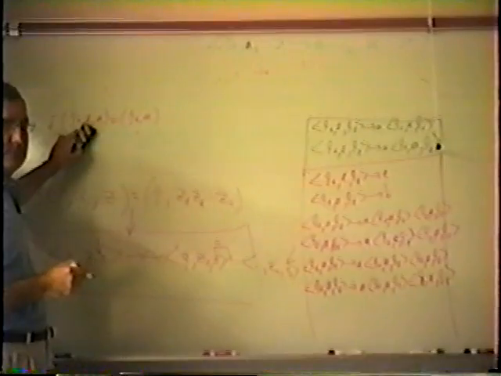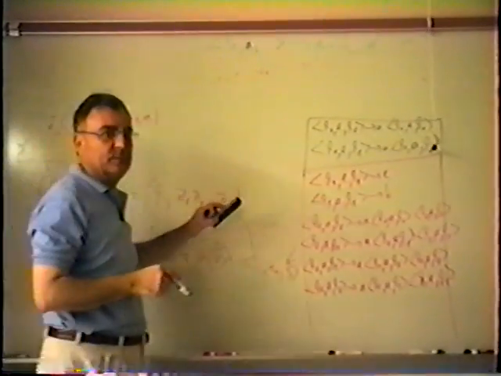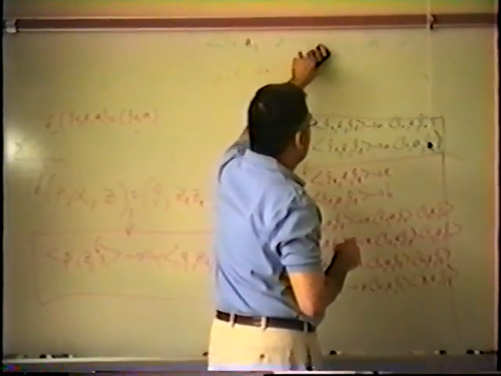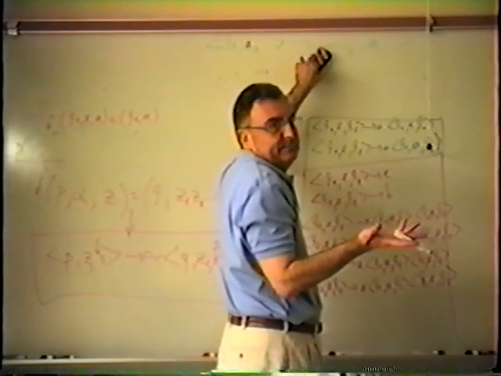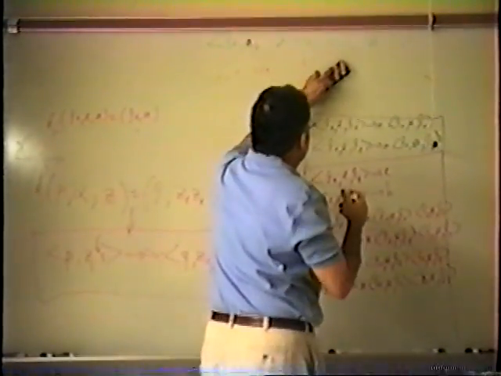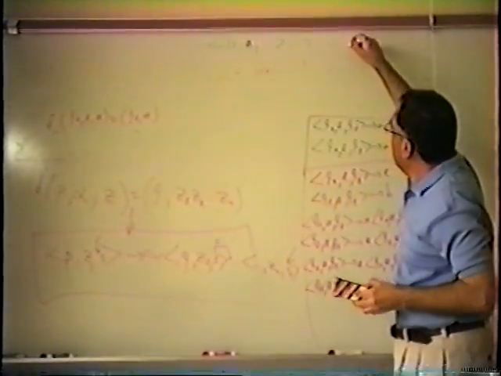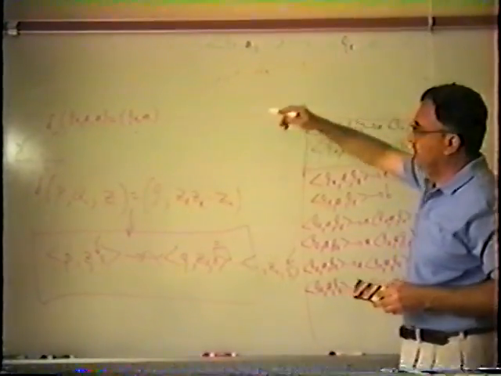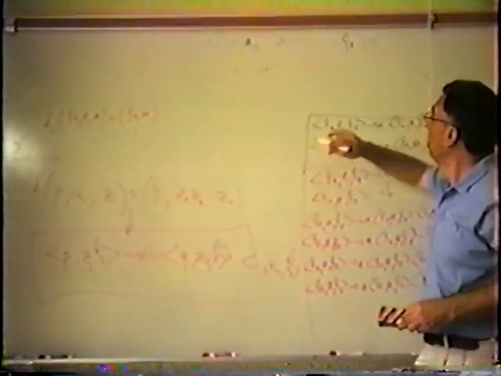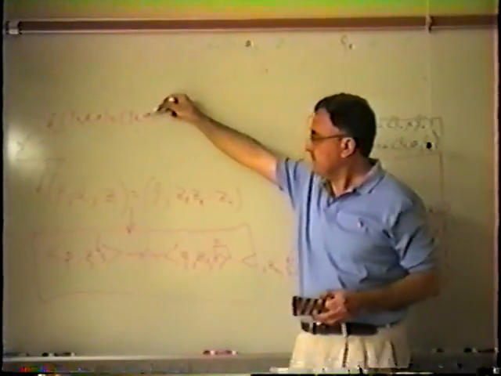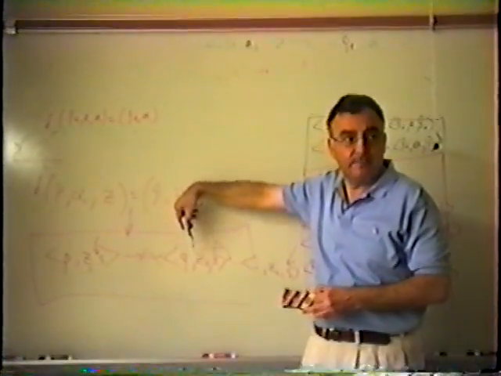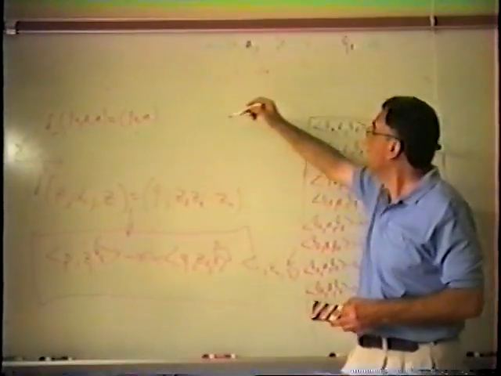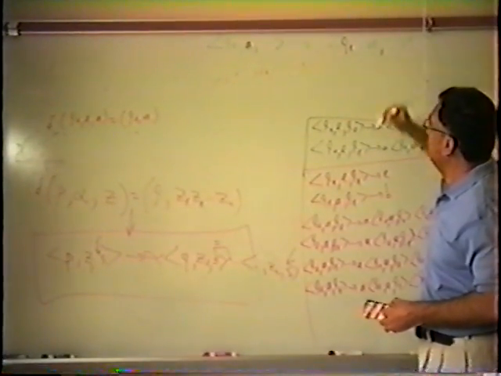What's the tape? E. You're not using the tape in this one, so I don't even need to write E concatenate. Destination state, Q1. Stack symbol, Z1, A. Variable.